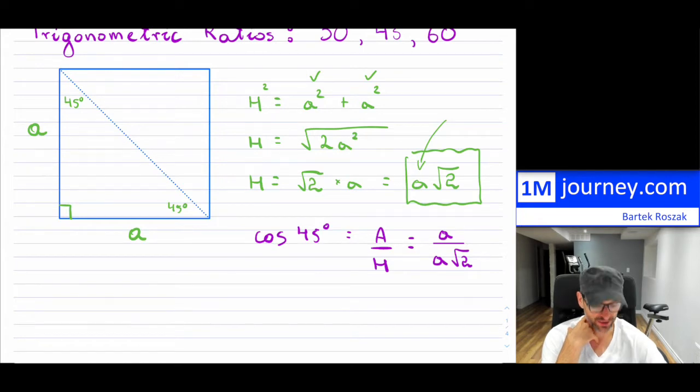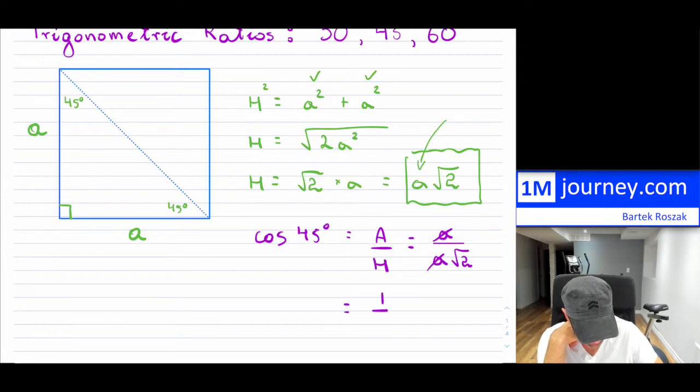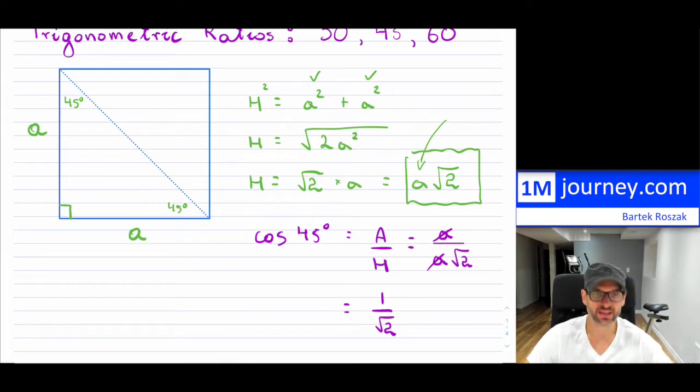So the a cancels, and it gives you 1 divided by the square root of 2. The key thing here is that the length of the sides is irrelevant. That's what trigonometric ratios are: we don't care what the sides are, we are just interested in the ratios themselves.